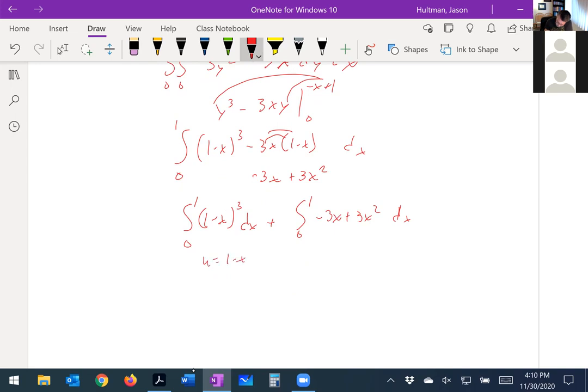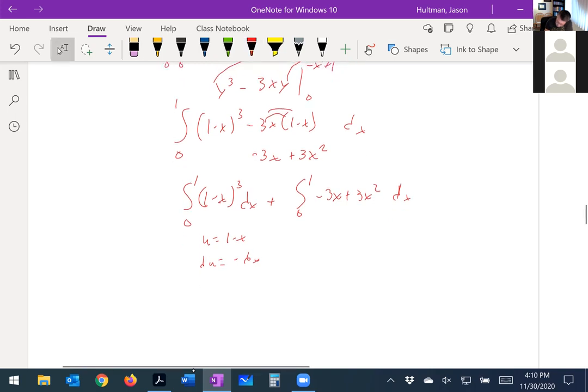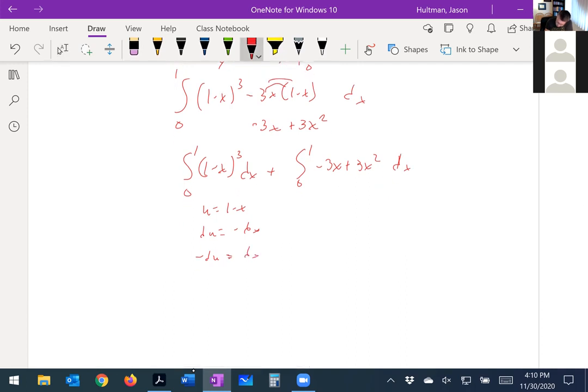U equals 1 minus x. Du equals negative dx. So negative du is equal to dx. You could redo the limits of integration if you really wanted to. It's going to get reversed though. This is going to be 1 and 0.